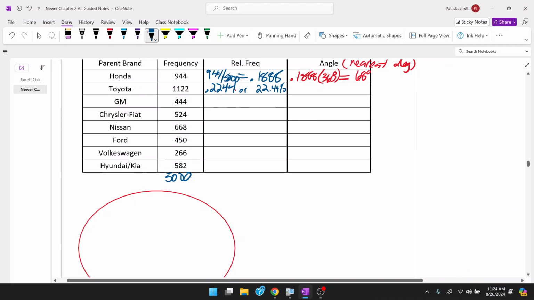No. And Toyota will be 81 degrees. Then you have GM, which is 0.0888, and that'll be 32 degrees. Chrysler Fiat, 0.1048, and this would be 38 degrees.